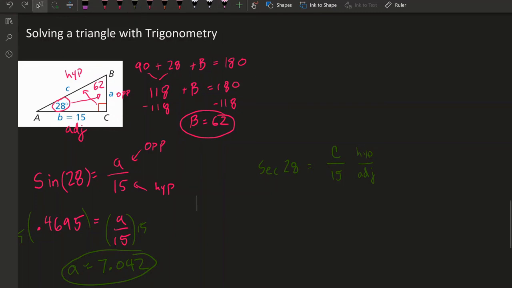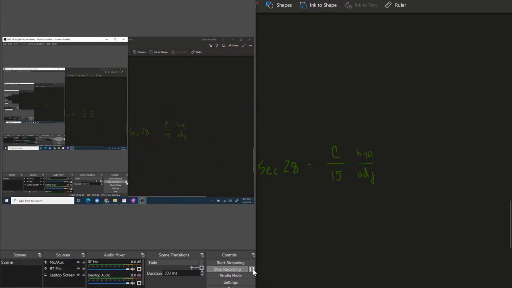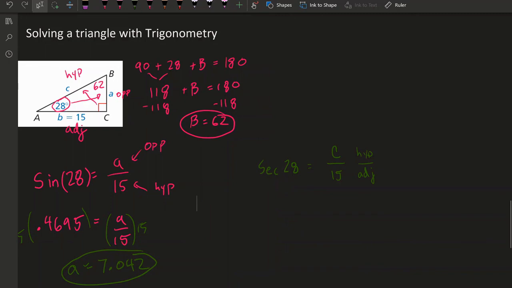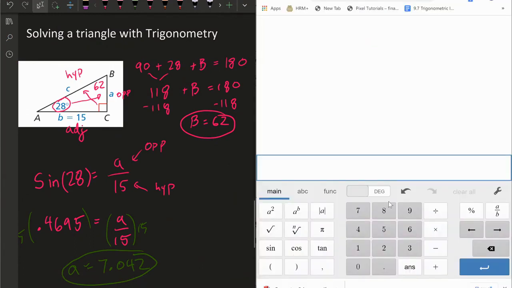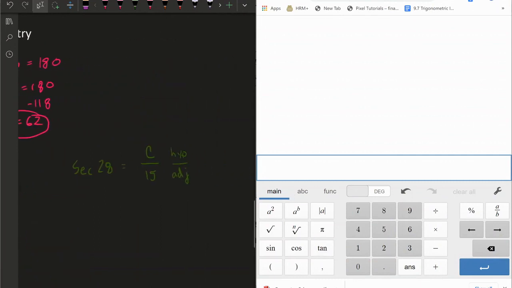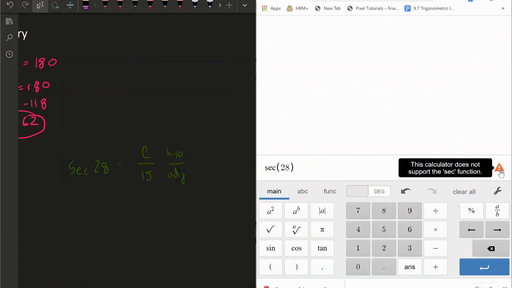So going back to the calculator, in order to calculate this, we're going to go back to our calculator. And here's the weird thing. Right here I've got sine, cosine, and tangent. But the one that I'm looking for is the secant. So if I push secant 28, I get this little warning and it says this calculator does not support the secant function.